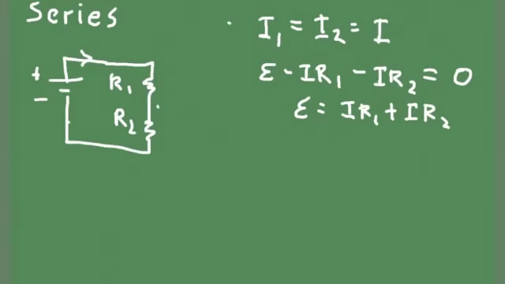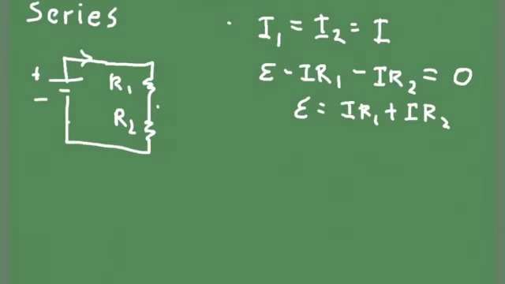You add the differences in potential for the resistors that you have. You could have 3 resistors instead of 2. You could have an additional third one at the bottom, and of course you would do the same thing. The currents are all the same, and you would end up with epsilon being equal to IR1 plus IR2 plus IR3.